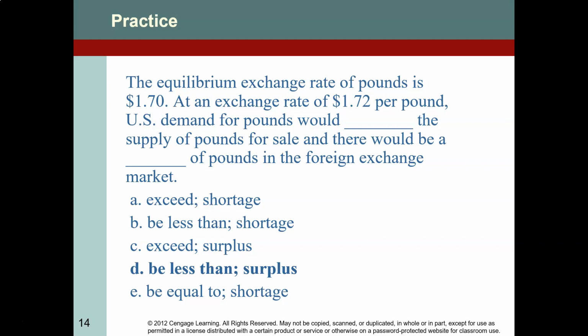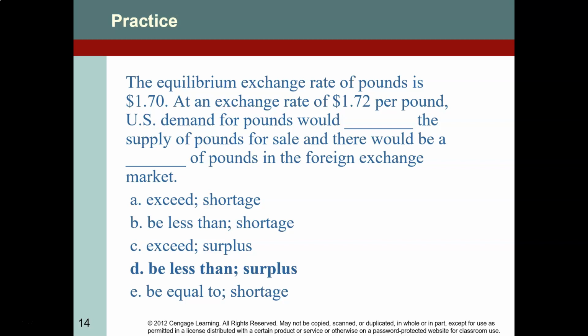And that point is 1.7 US dollars. So when the exchange price is 1.72 per pound instead, which is higher than the equilibrium exchange rate, the demand for pounds would be lower compared to the equilibrium point, because the price is too expensive now, so the demand decreases.